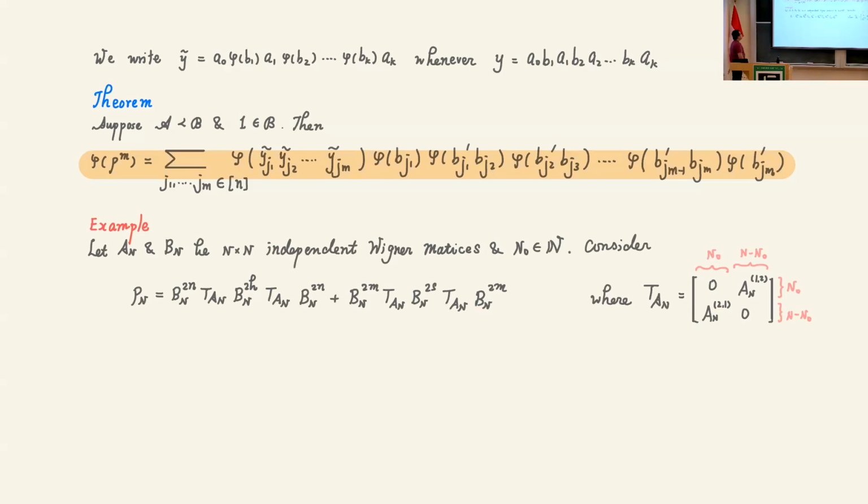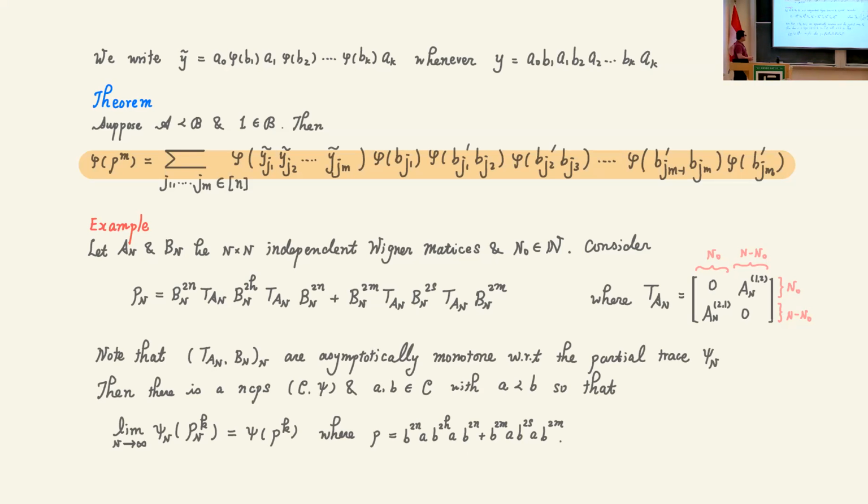Let's consider the following example. Now, if you're given two independent Wigner matrices and you fix a knot, then we consider the following P_m by this pattern: B to some power T, B to some power T, B to some power T, and B, and so on. Whether we can compute the partial trace of this law?